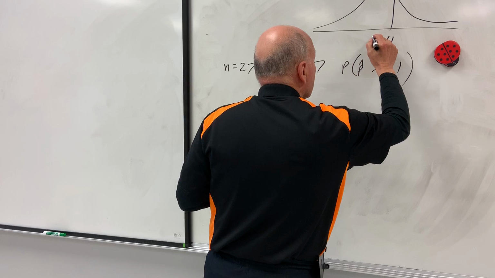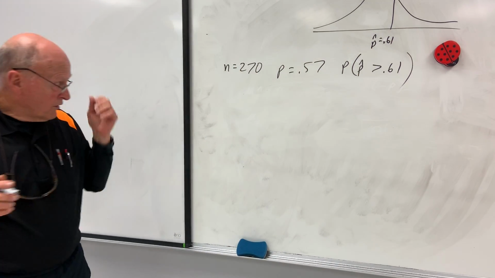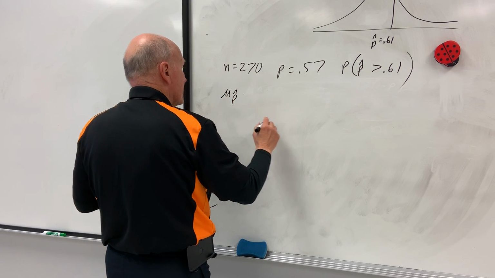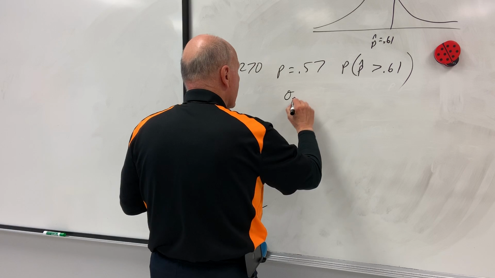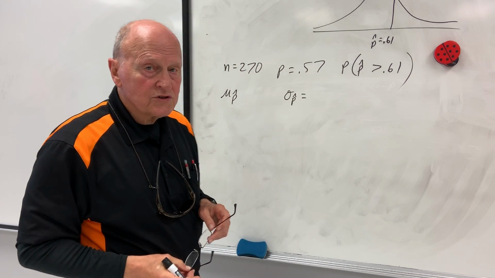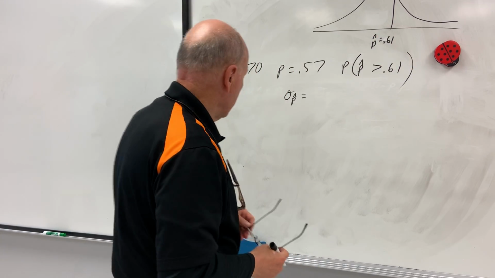So we're going to find the mean of p hat, and we're going to find the standard deviation of p hat, and then we're going to use normal CDF on our calculator in order to find this area in here.